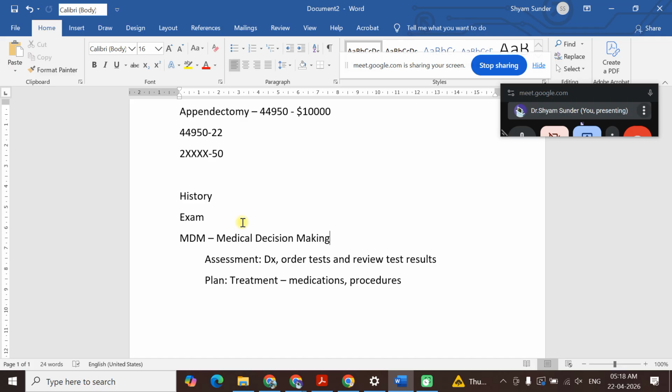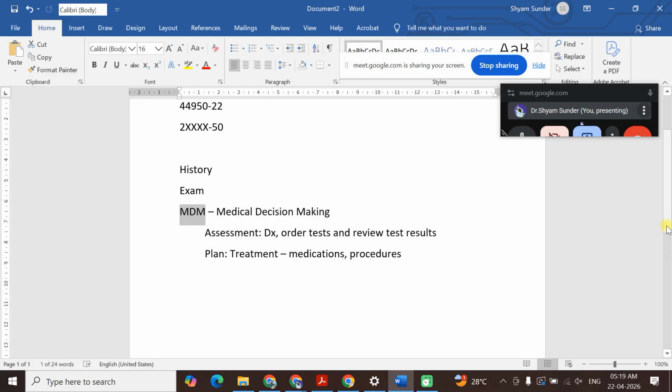As the complexity of the problem increases, the payment also increases, because the MDM is also increasing. If the problem is simple, MDM is very simple, but if the problem is very complex, the MDM also becomes complex. That's the reason the physician's fees for E&M services in US healthcare are based on the complexity of MDM. That's what you need to understand.